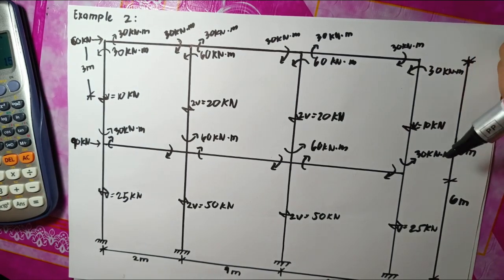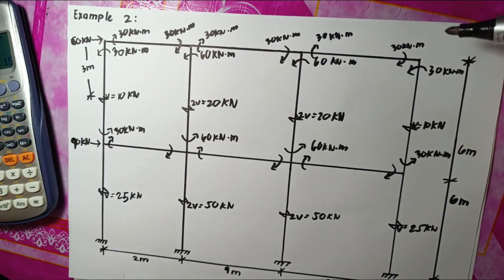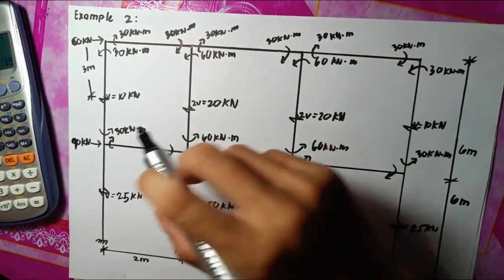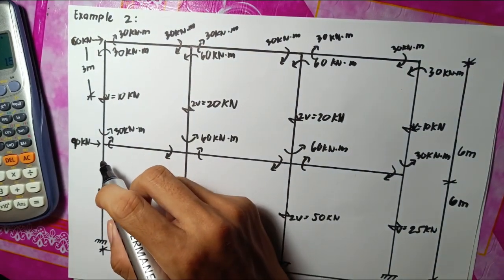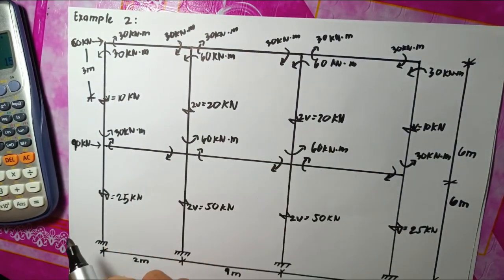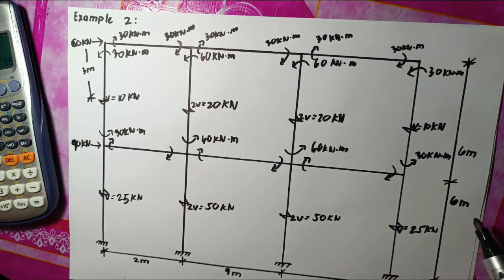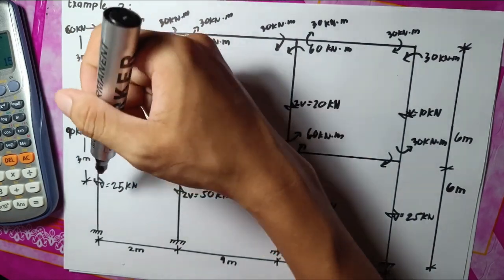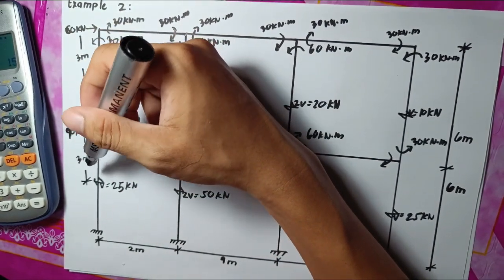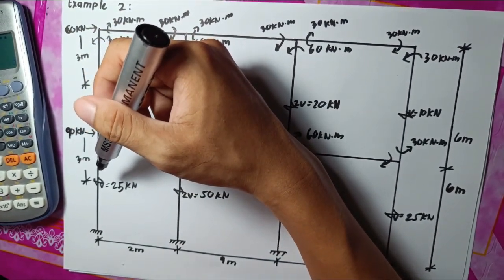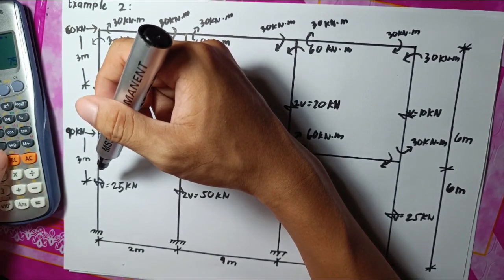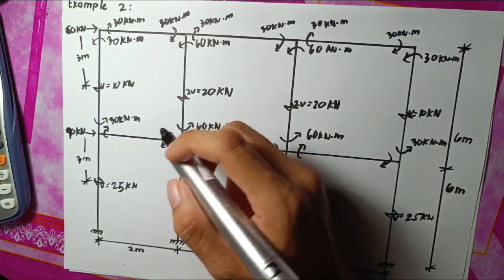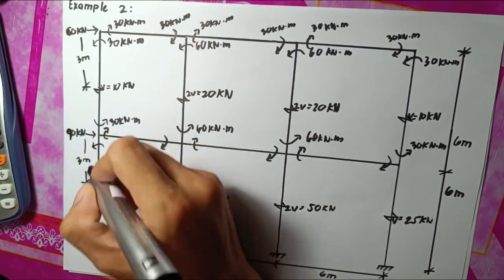So after we're done here, let's proceed to the first floor. So the half of 6 is 3. Multiply it by 25. And 25 times 3 is 75.